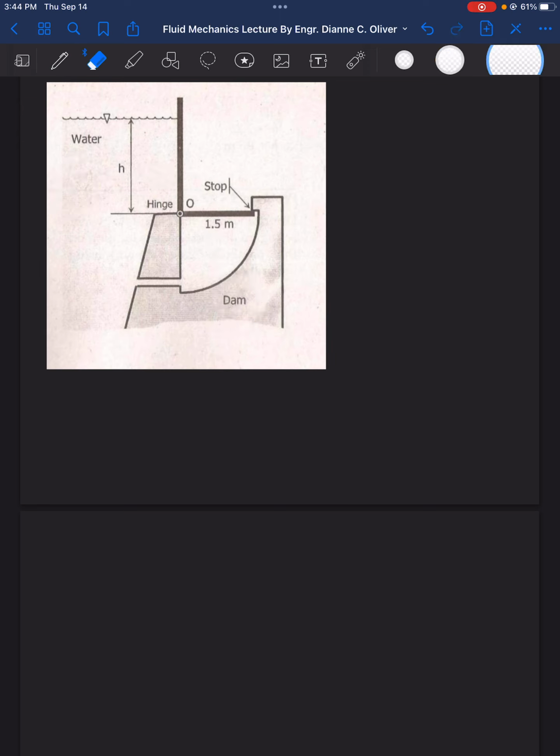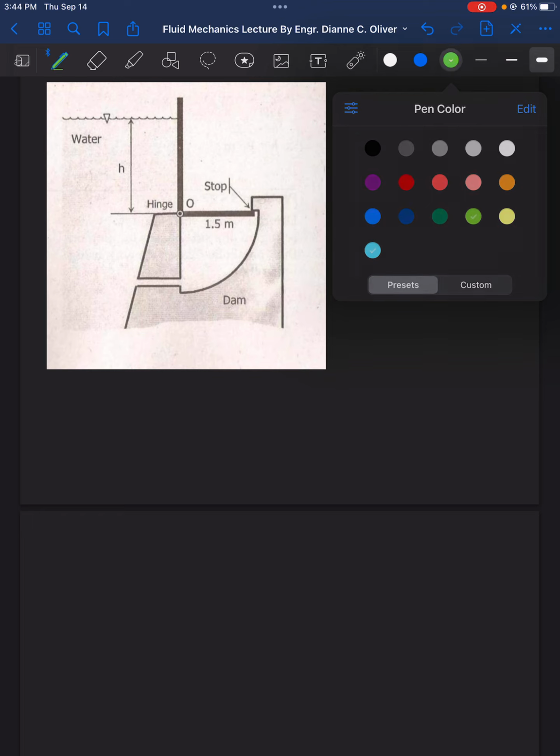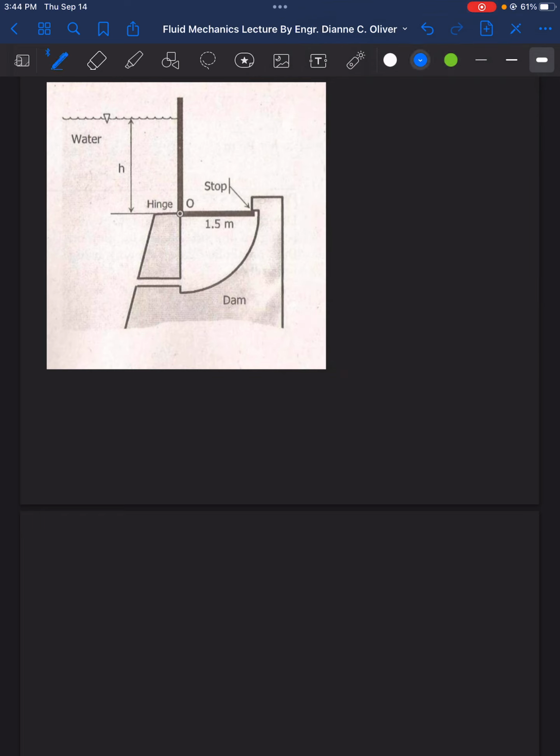Now let's solve for the value of H. Okay, so a while ago we were able to locate the weight at this portion here, located 0.6 meter from the left face. So W is equal to 5 kilonewton. And then the force F here on this left side, being the water as uniformly varying, the value for pressure increases as it goes deeper.